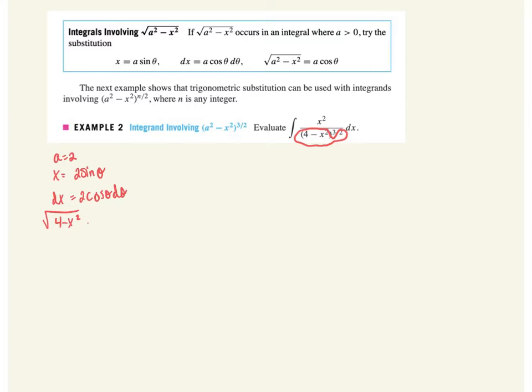That's equal to, first I like to write it as square root of 2 squared minus x squared, or the square root of 2 squared minus 2 sine theta squared, or 4 sine squared theta. Right, so this is equal to the square root of 4 cosine squared theta, or 2 cosine theta.